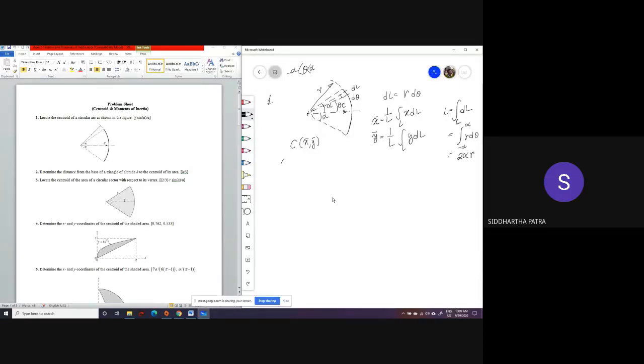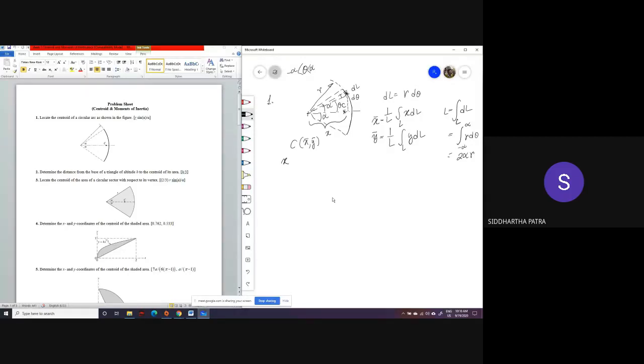Now x, so for example, we are talking about this point over here, which is in the middle of dl. Everything we are doing here is for this dl element. So this dl element has an x coordinate. You can think of an average x coordinate, or for that matter the only x coordinate, because this dl is differential.